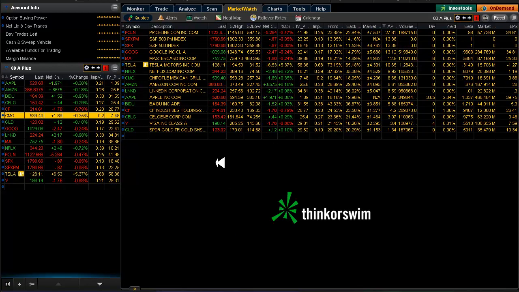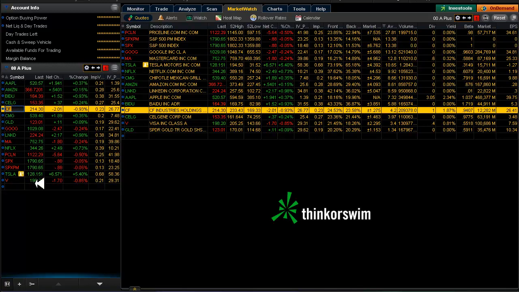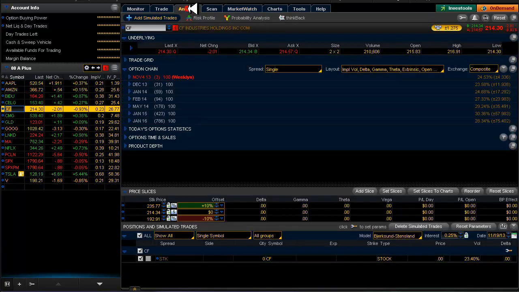So anyway, who else might I take off of here? I don't want to make the list too long because I have 6 candidates here. So I may just add those 6. I might take CF off of here. I'm not sure. Yeah, I'm going to take them off because they only have 1 week out.